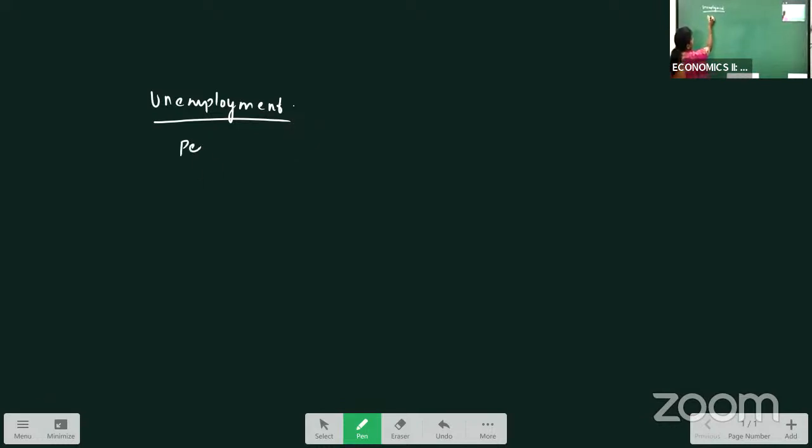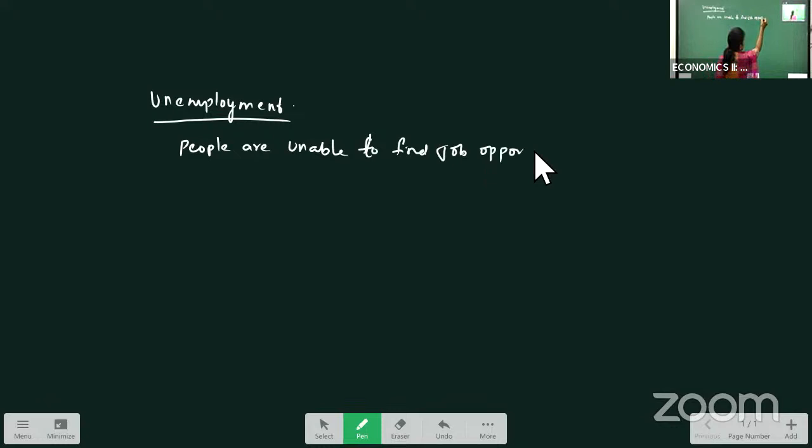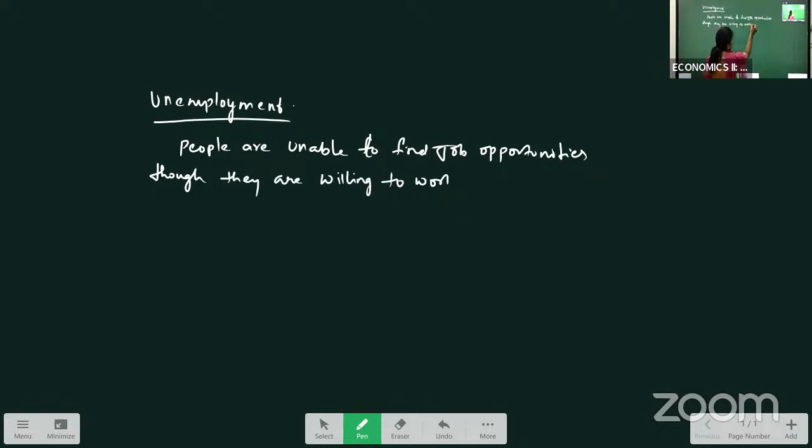When people are unable to find job opportunities, though they are willing to work at the existing wage rate, this concept is called unemployment.